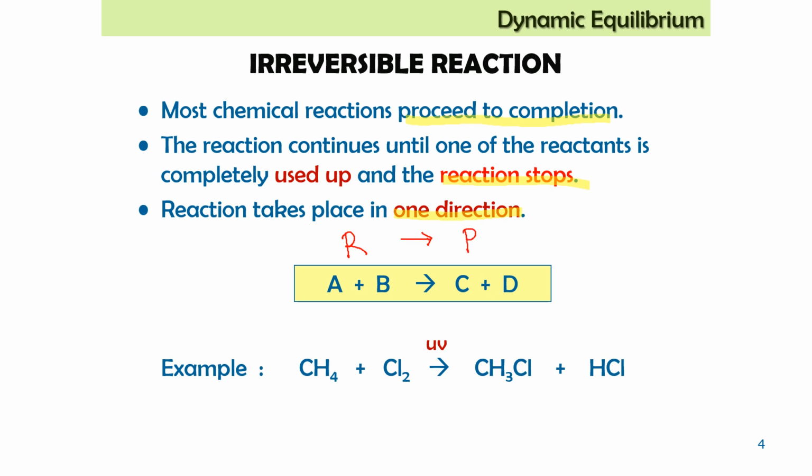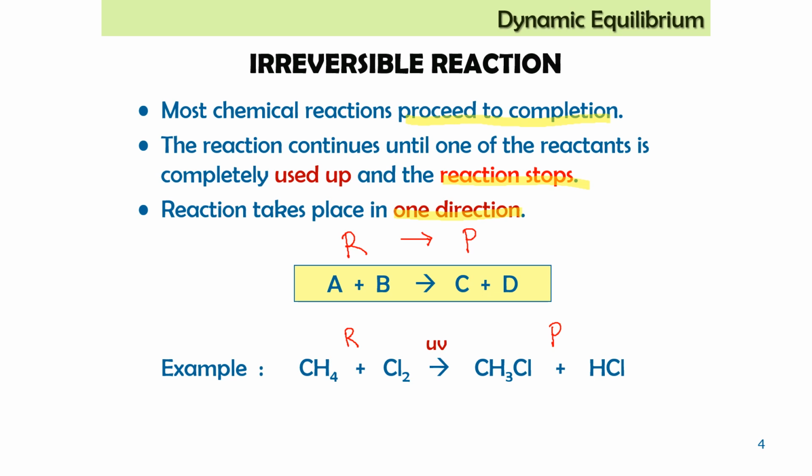So contohnya you have CH4 react with Cl2 and both of them are the reactants, and you will form products CH3Cl plus HCl. So in this case, this reaction is one direction and it cannot be reversed. Maksudnya produk tak boleh jadi reactant semula.